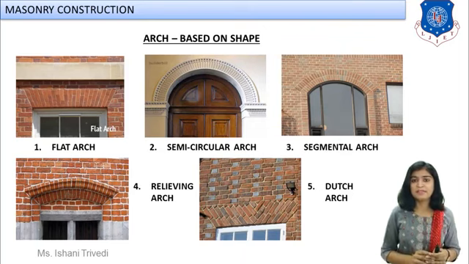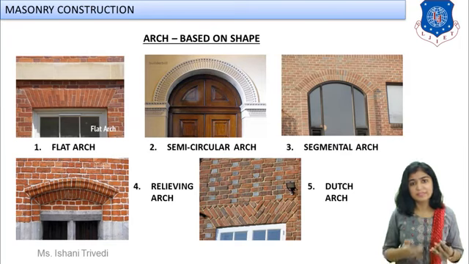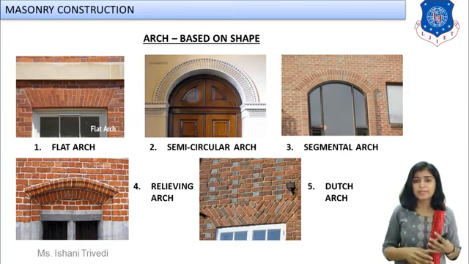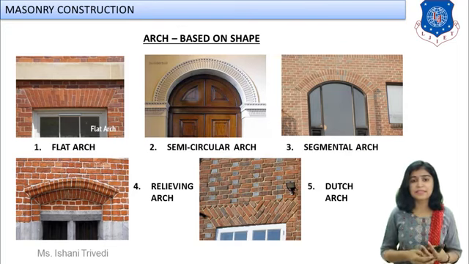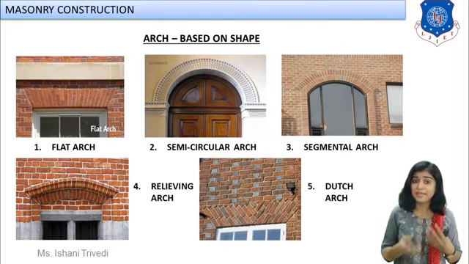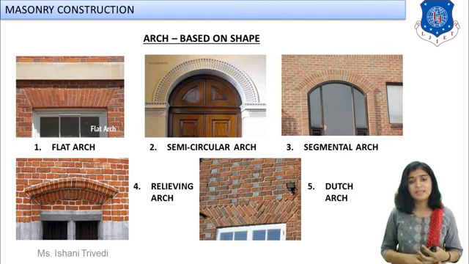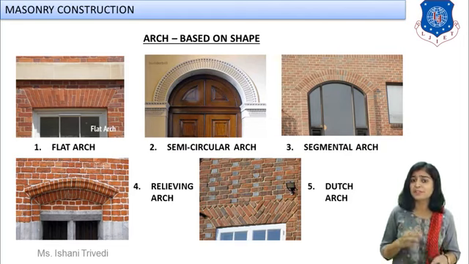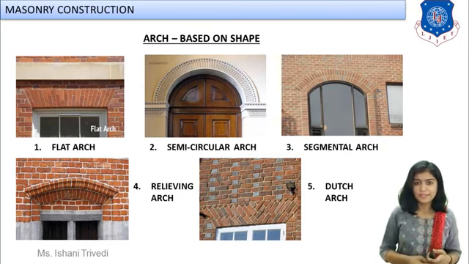And the last we have is Dutch arch. The name itself says the origin is from that place, so that becomes your Dutch arch. Again, you can say that this is an example of a segment of a flat arch also, not segmental. It can be said as a flat arch. So this is just the matter of the different shapes. Nothing else is very much complicated over here.